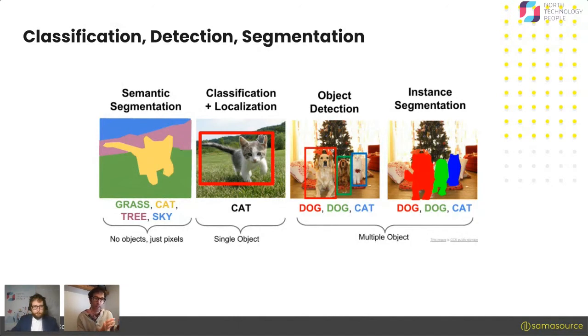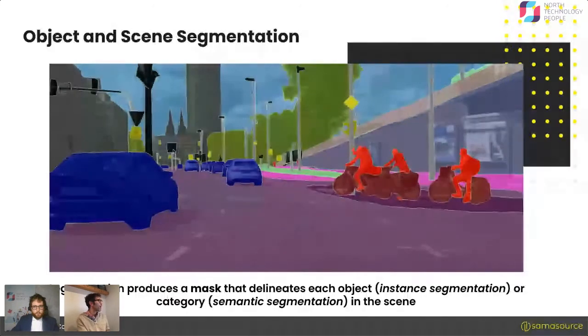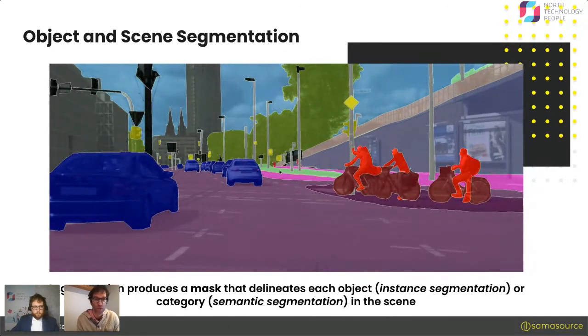So what we've been caring about most so far in terms of machine learning really is semantic and instance segmentation. A typical example of that kind of data is an urban scene here with vehicles, with cyclists, with roads, and so on.